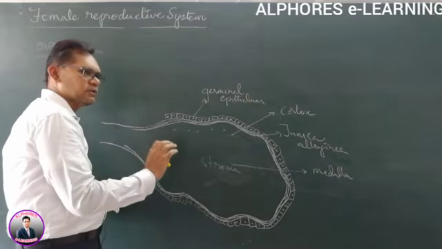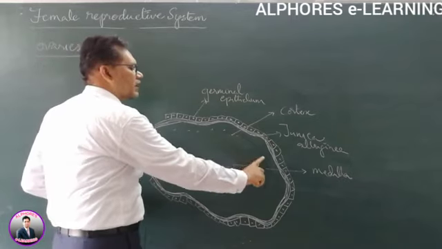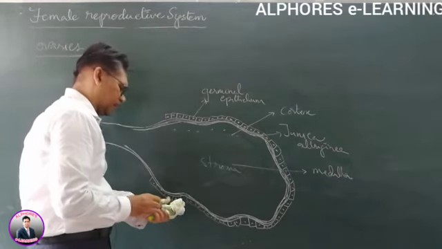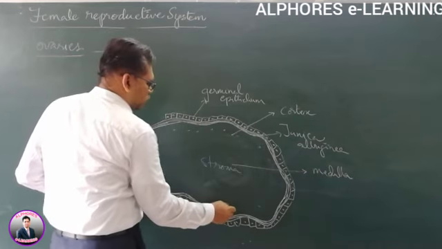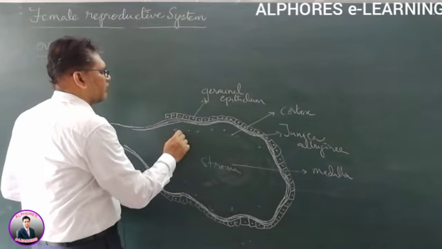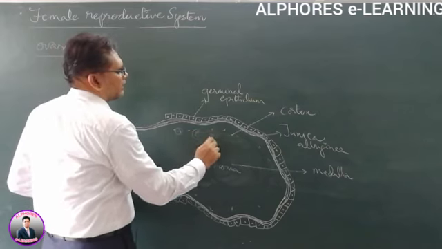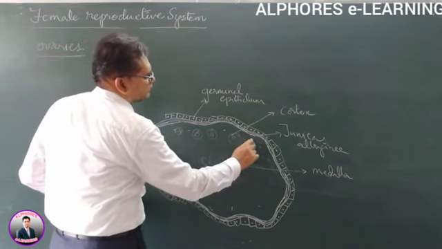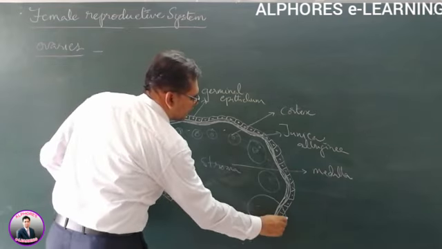The stroma is divided into the outer granular cortex, which consists of different stages of development of ovarian follicles. Here we observe different stages of developing ovarian follicles.